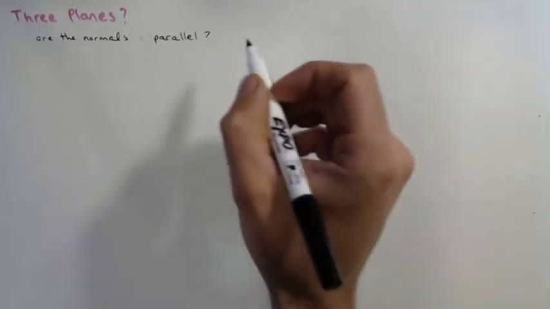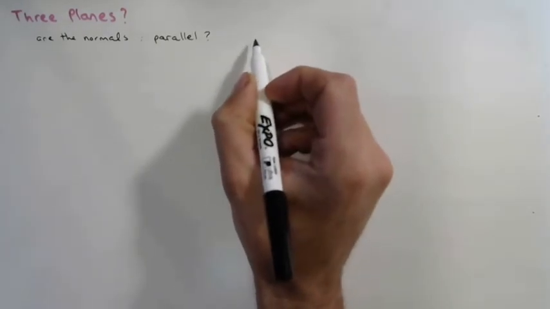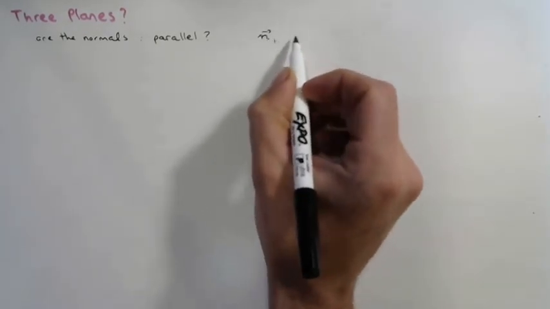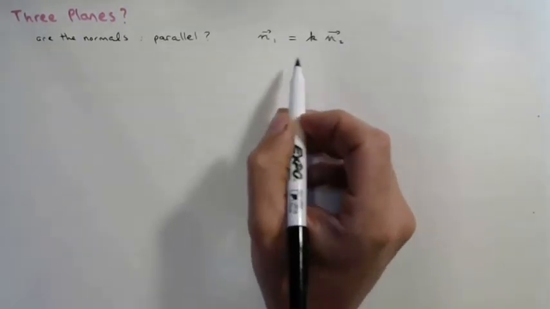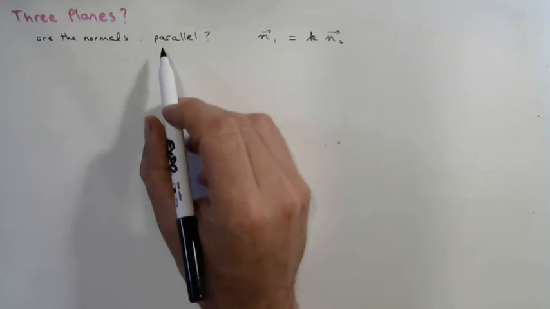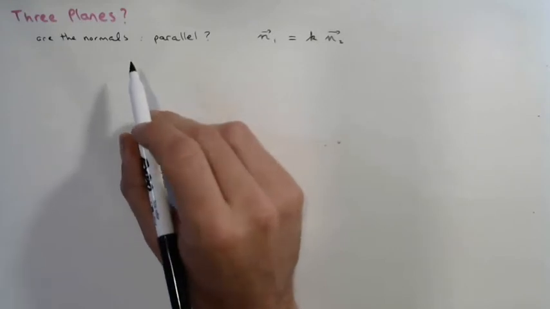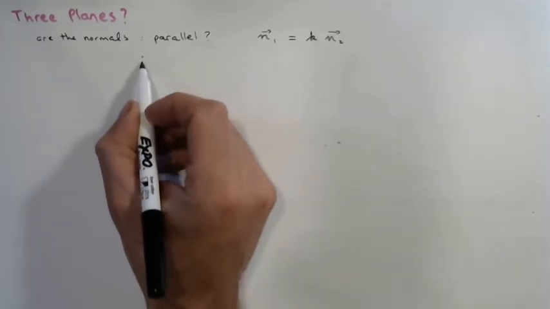And that one's pretty easy. We just need to check that one normal is going to be a scalar multiple of the next normal. So if that's true, then the normals are parallel. Okay, and that means that the planes are at least parallel and maybe coincident.